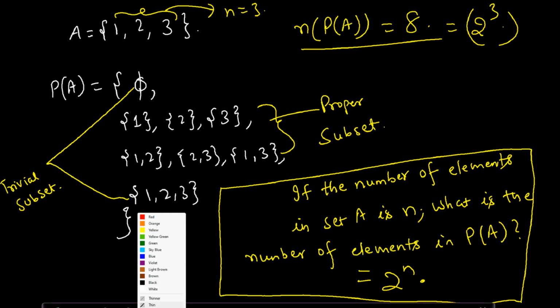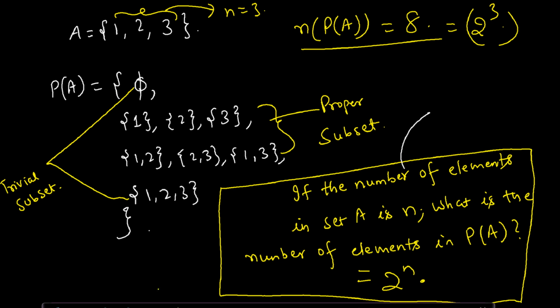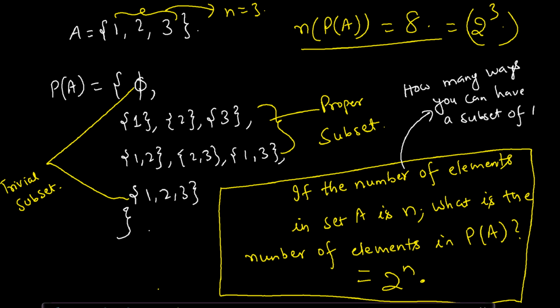You can rephrase this question as: in how many ways can you have a subset of A?